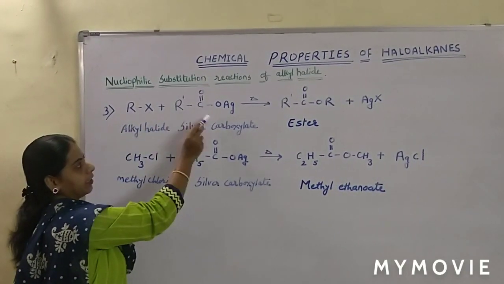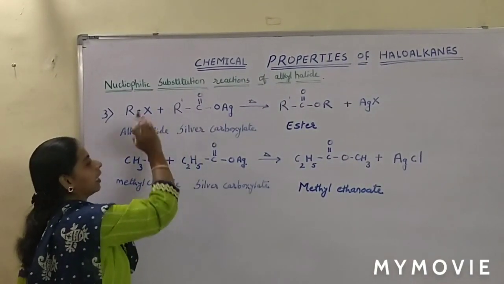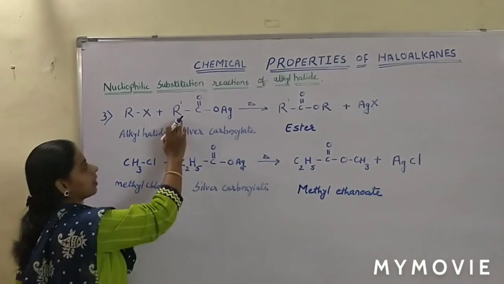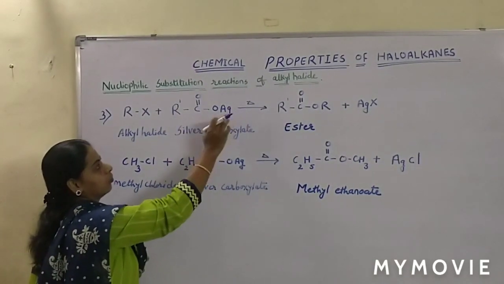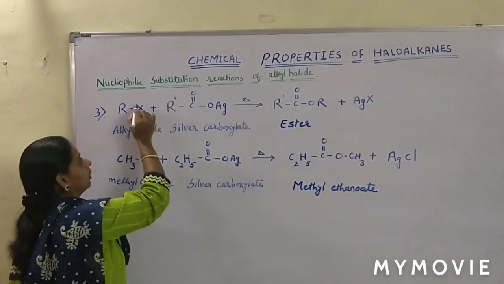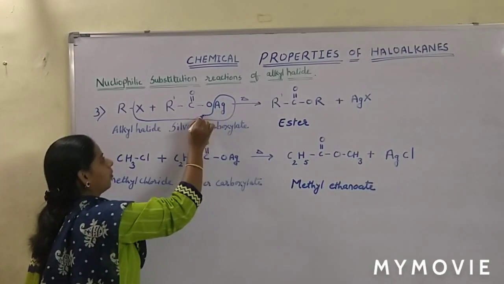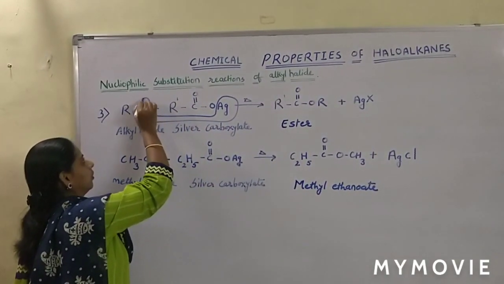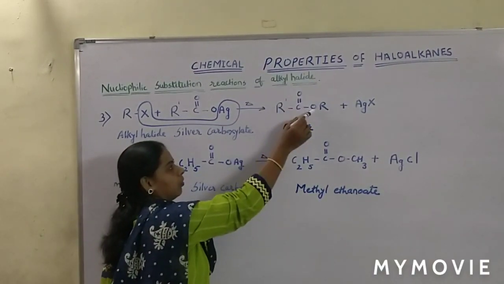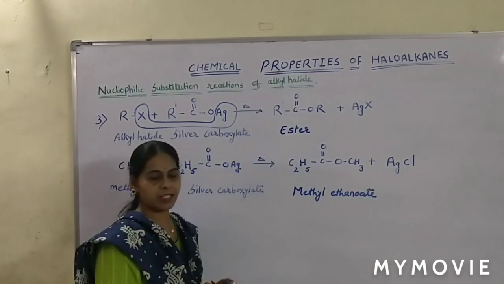When alkyl halide reacts with silver carboxylate, the silver combines with the halide ion, so there is a formation of AgX. Now what is left? R dash C double bond O, and this oxygen is combined with R. So this is the formula of the ester.